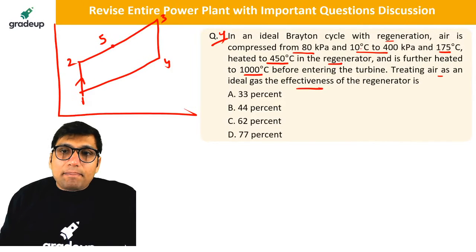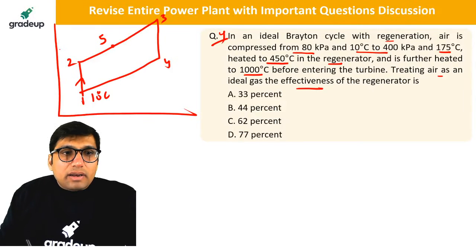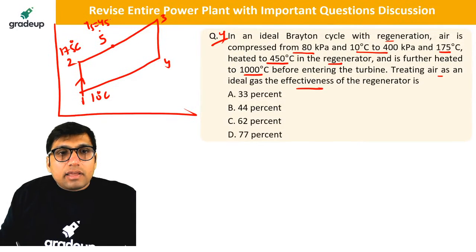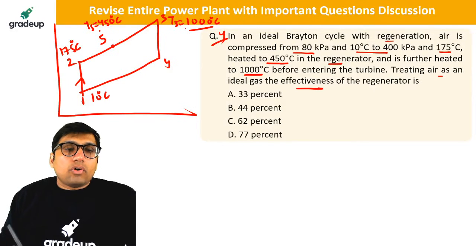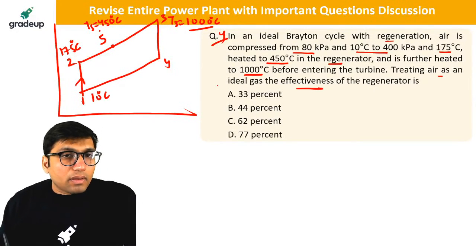They have given that temperature at the inlet is 10 degrees Celsius. This temperature is 175. T5 temperature is equal to 450 degrees Celsius. And T3 temperature is 1000. So all the temperatures have been given.